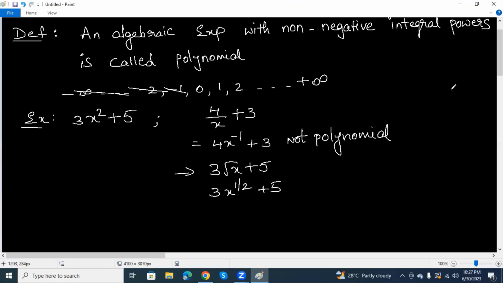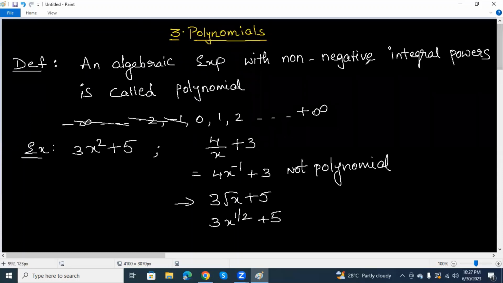According to our definition, it should be a non-negative integral power, but 1 by 2 is a rational number, right? So this is also not a polynomial. Even though it is positive, it is not an integer. Hope you understood the definition.